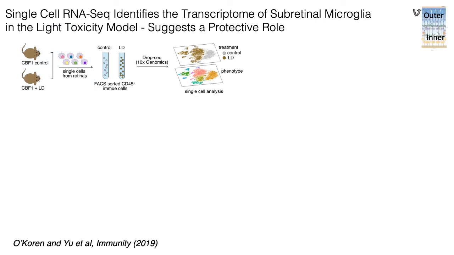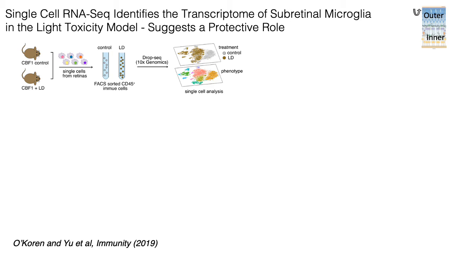To address this question, we recently applied single-cell RNA sequencing to identify the transcriptome of subretinal microglia using the light toxicity model. It was done by FACS sorting microglia and macrophages from this model, as well as in the normal context, to identify different clusters of microglia and macrophages.